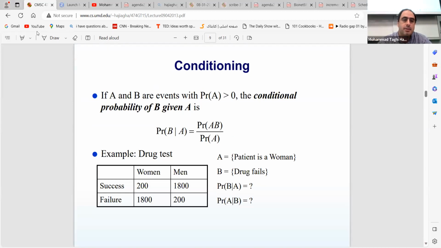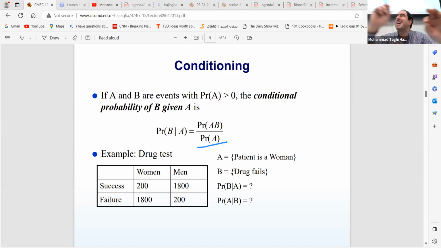So again, let's see one example quickly. If A and B are events with probability of A greater than 0, the conditional probability of B given A is this formula that we discussed. Now, consider the same example that we had, this drug test example, with the same numbers. The same events: A, the patient is a woman, and B, the drug fails.